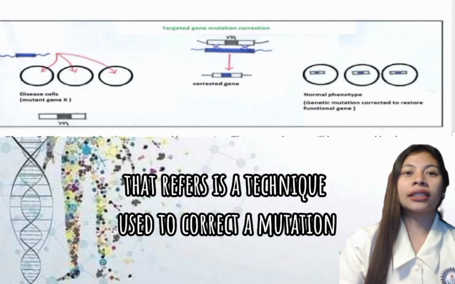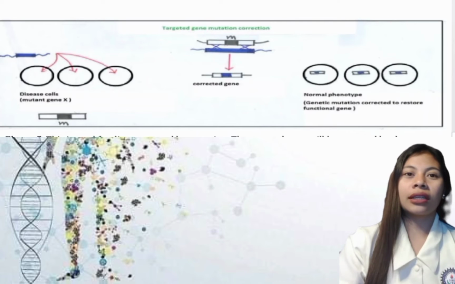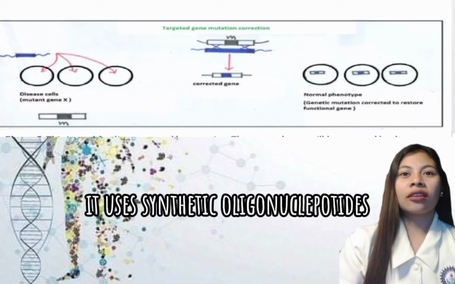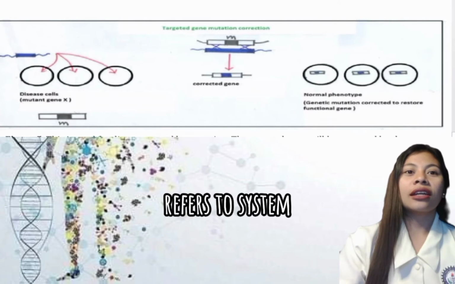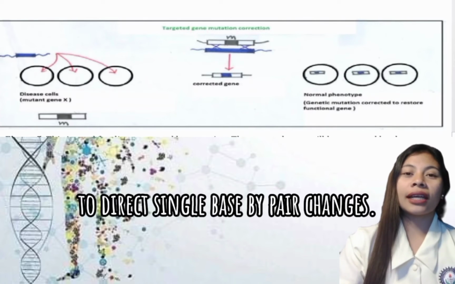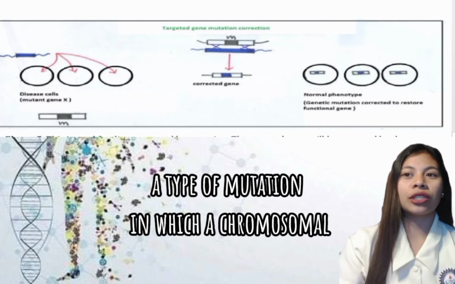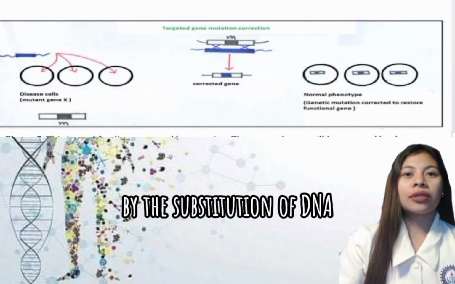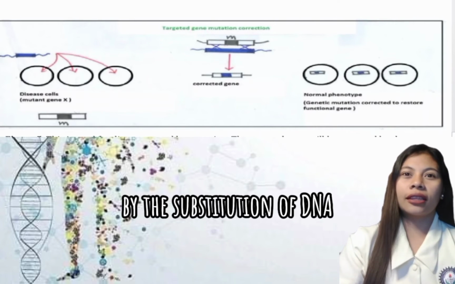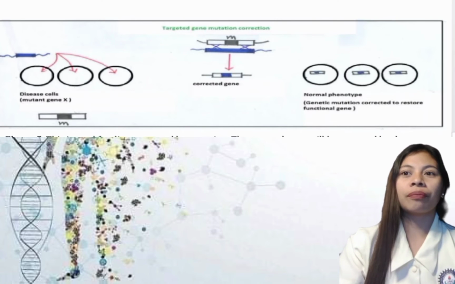Targeted gene repair is a technique used to correct a mutation at a specific site in an episome or chromosome. It uses synthetic oligonucleotides together with the cell's inherent DNA repair system to direct single base pair changes, a type of mutation in which a chromosome gene is altered by the substitution of a DNA construct assembled in vitro.